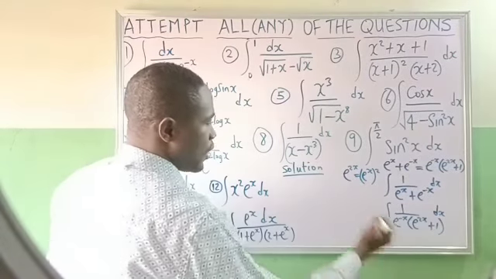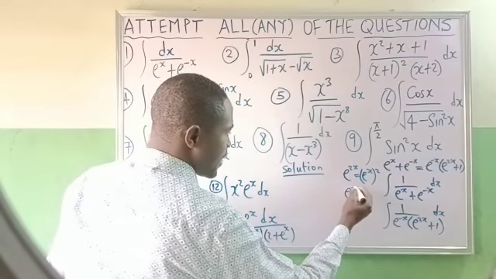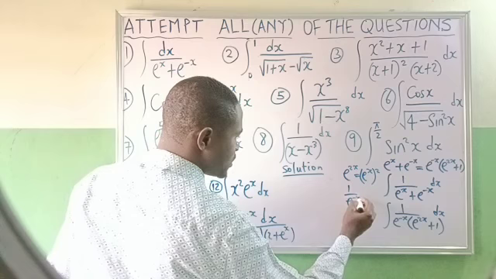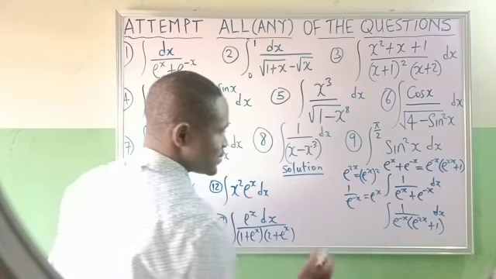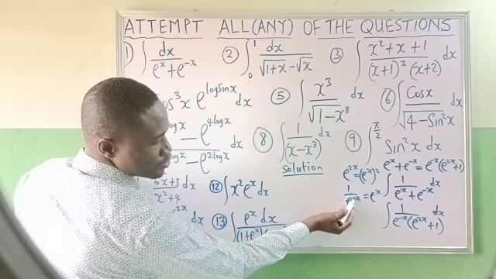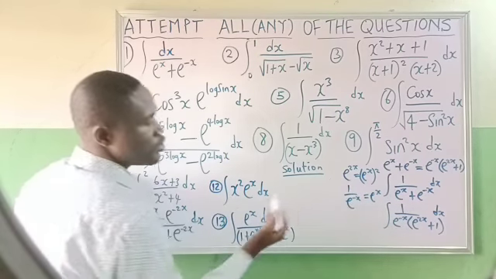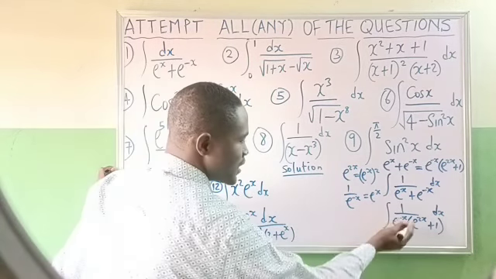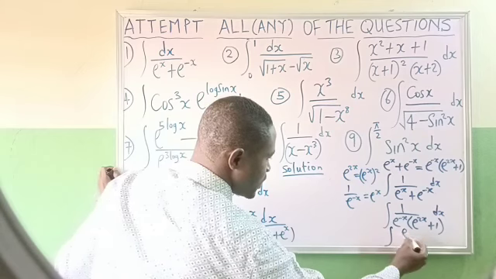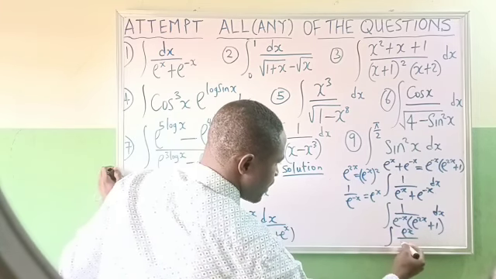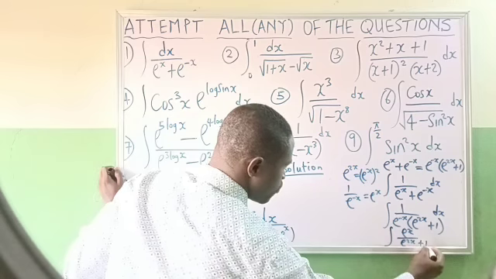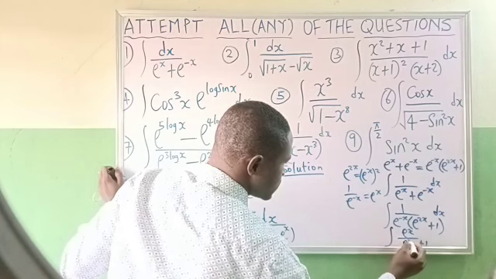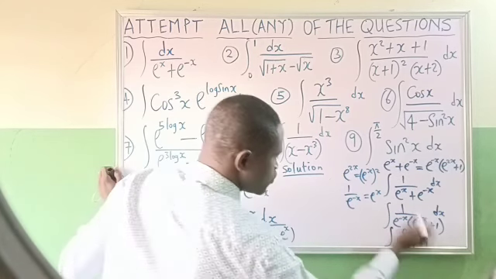It's also important to note that 1 all over e^(-x) is the same thing as e^x, because minus means 1 over, so they will cancel, leaving you with e^x. With that, this means integrate e^x over e^(2x) plus 1, that is e^x all squared plus 1.